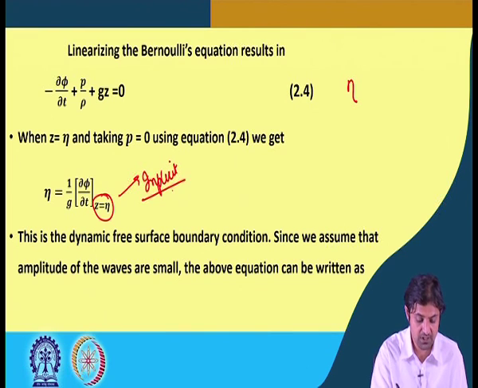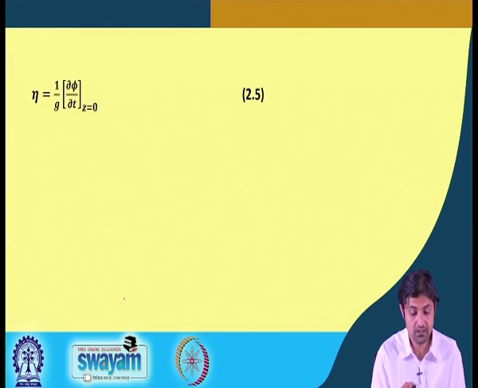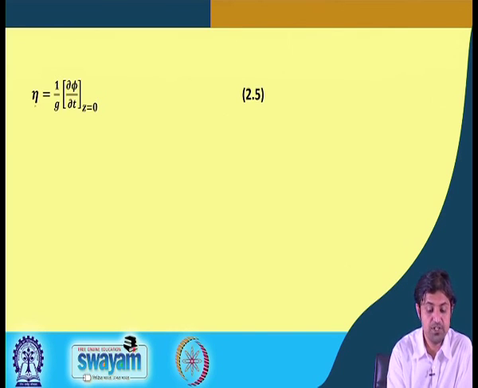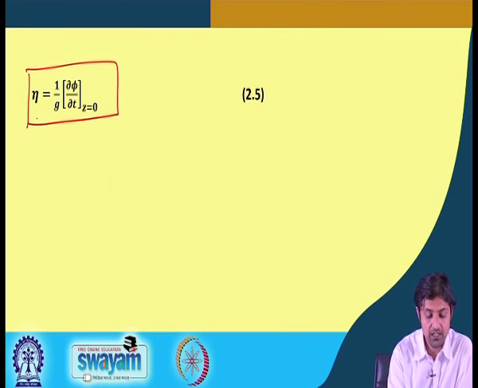With the assumption that the waves are small, instead of z is equal to eta we write z is equal to 0, because eta is very small. Now this is an explicit equation for eta, where if we know the velocity potential we will be able to find it.